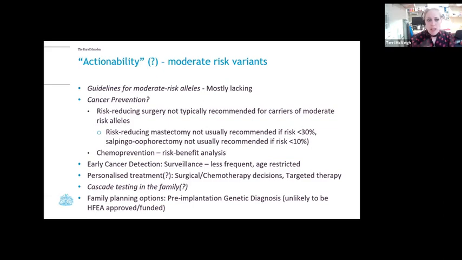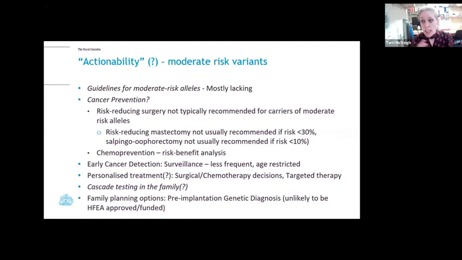Cascade testing in the family, as I said, there's a big question mark over the utility of that. So that's again to be determined. Family planning options. This is really contentious because the moderate risk alleles are not necessarily likely to be HFEA approved or funded. The difficulty is that some of these genes are implicated in other disorders, so they may appear for another reason.